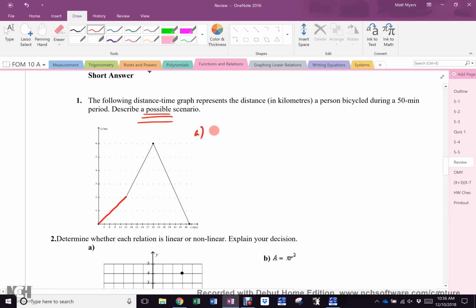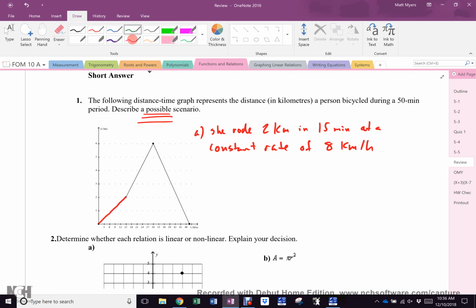So in section A, she rode 2 km in 15 minutes at a constant rate of 8 kmh. Whew! That is an A+ answer to that section. Nicely done. What would you do then here?